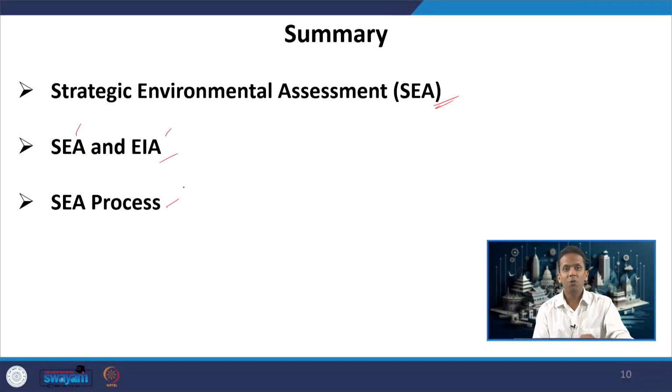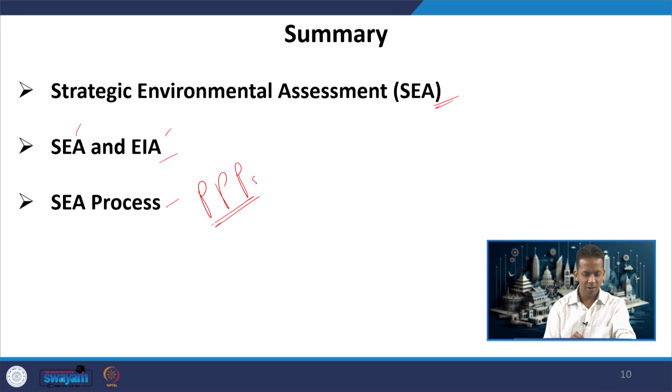And in the SEA process we saw two types of flowchart. They are similar to EIA, but specific mainly to the 3 P's, which are planning, policy and program. Associated with these 3 P's, the SEA process flowchart was discussed.